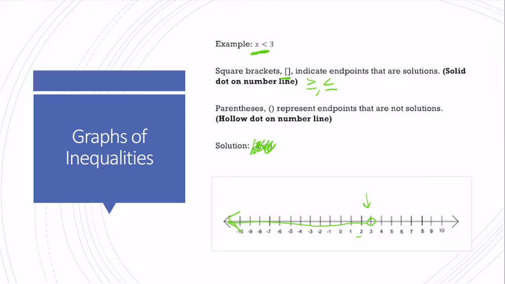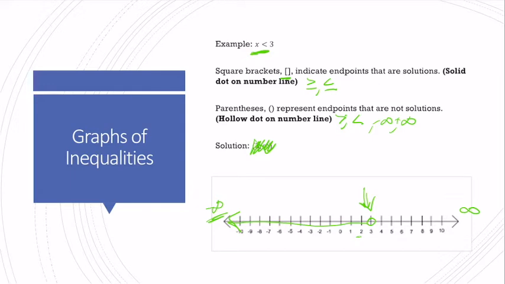Parentheses represent endpoints that are not solutions. This is our endpoint, and it's not part of the solution, right? That's what we have here. It's also important to know that parentheses are always used with negative infinity and positive infinity. Negative infinity is what's all the way over here on this end of the number line. Positive infinity is over here.